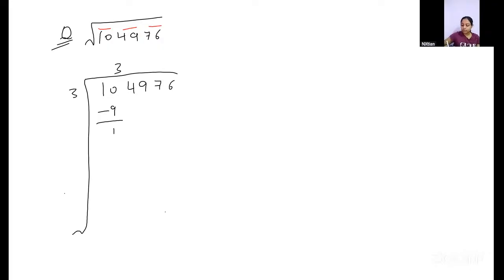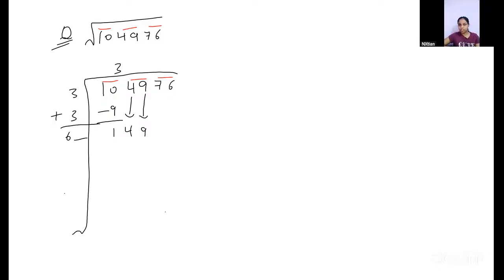Subtracted, 1. These are pairs. Now I will carry down the next pair, that is 49. And I will add 3 to the side, which will give me 6 and dash.